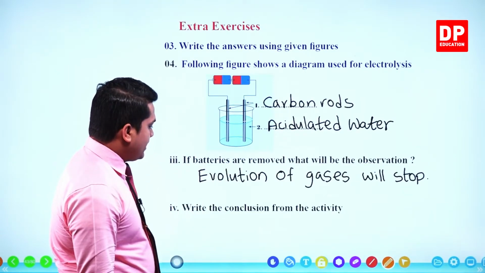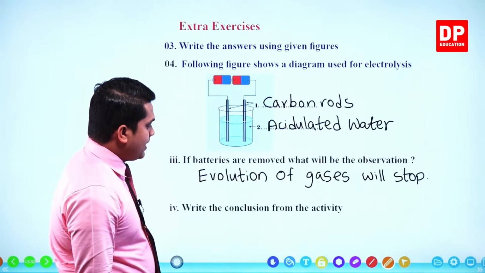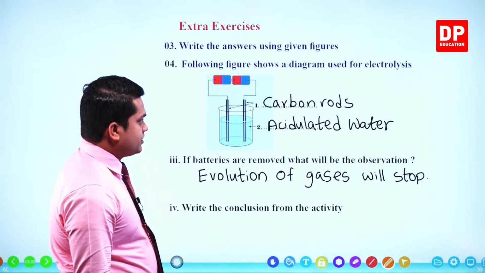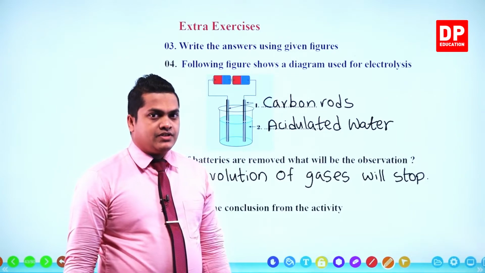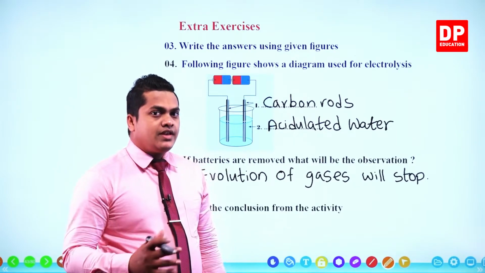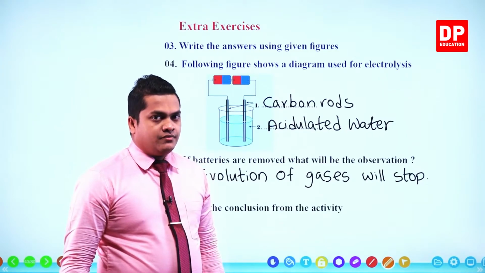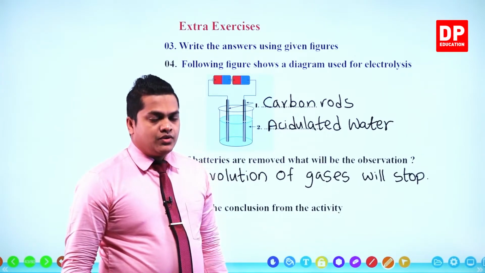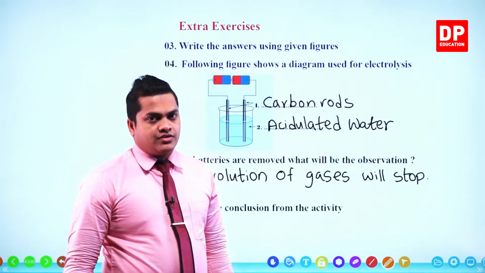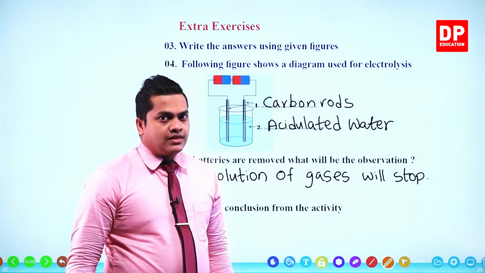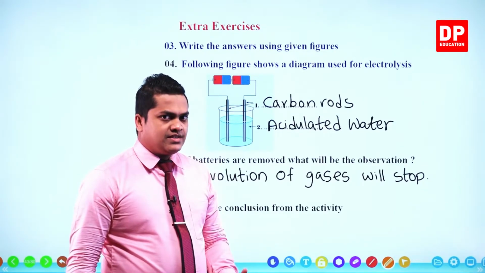Next one, write the conclusion from the activity. So the conclusion is, when passing electricity, a chemical reaction has occurred within the system, right? When passing electricity through the solution, a chemical reaction has occurred within the system. That is our conclusion. How can we say that?